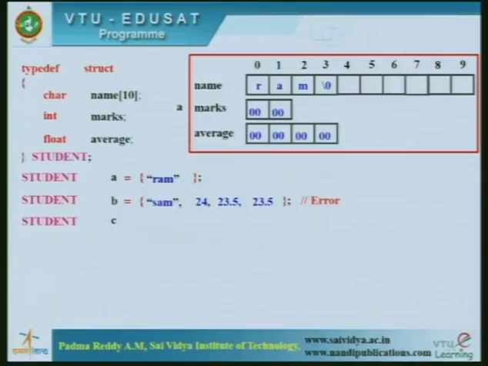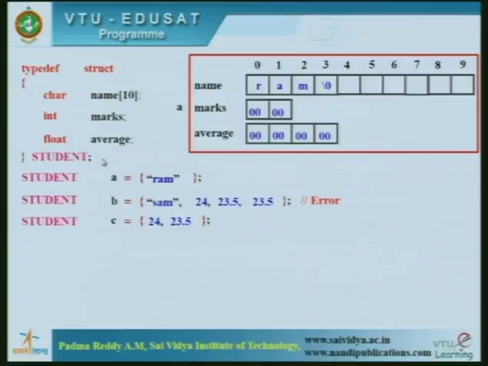Now, suppose I have another variable C. Here, if you observe the first one, what is the initial value? RAM is the first value. Now, I write something like this. I write 24, 23.5 and end with semicolon. Even though it is syntactically correct, remember this 24 I want to store in which field? Marks field, and this 23.5 should be copied into which field?